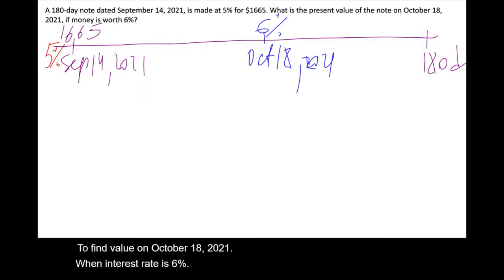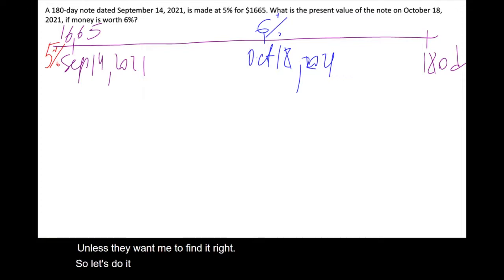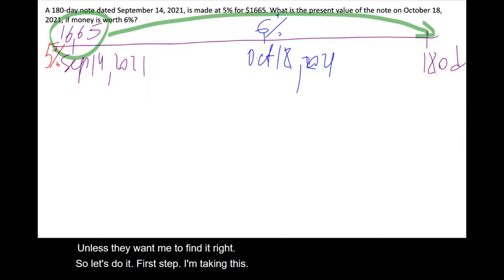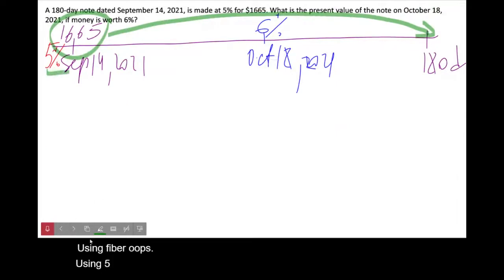when the interest rate is 6%. So frankly, I don't even have to find the maturity date unless they want me to find it, right? So let's do it. First step, I'm taking this to maturity using the 5% interest rate.